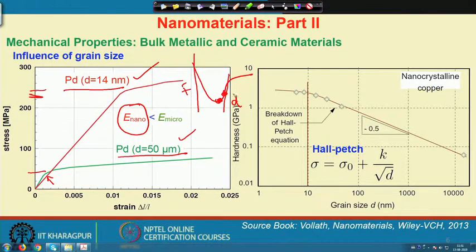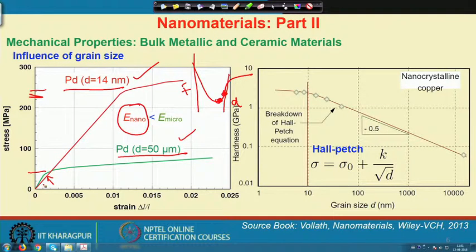This is also valid for amorphous material. Amorphous material shows a lower Young's modulus because of the non-equilibrium position of the atoms, and a very similar situation is also observed in nanomaterial.